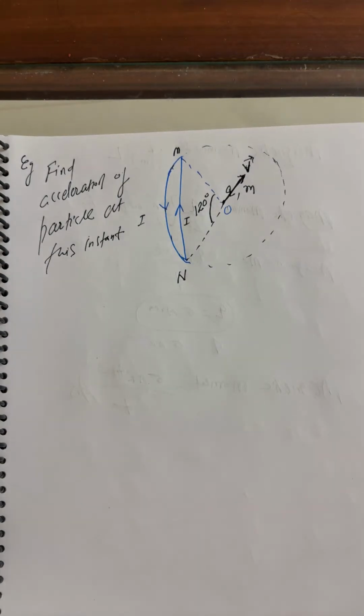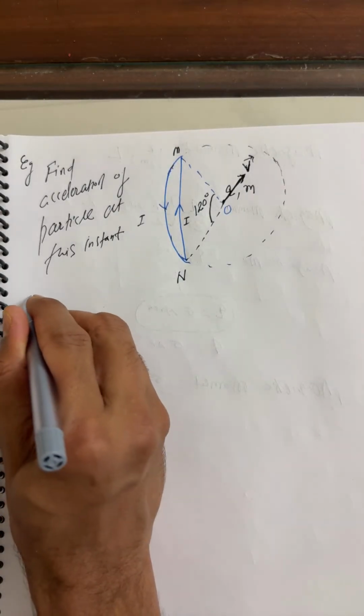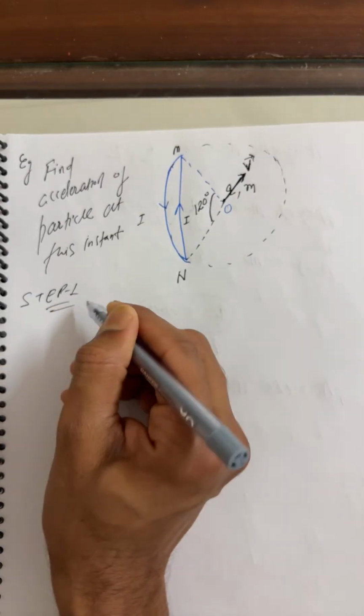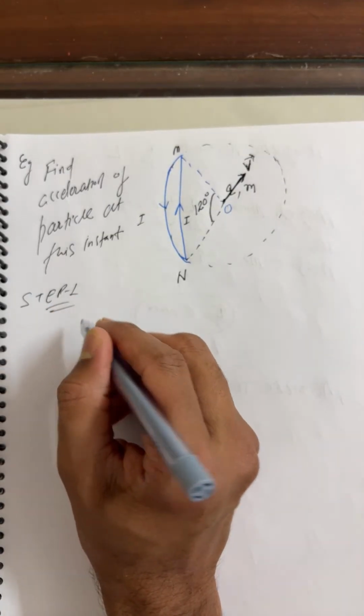Find acceleration of particle at this instant. Right, beta? Okay. So now, student, I'm going to just solve this question here. So this is what, my dear? Step 1 here. Magnetic field at O.